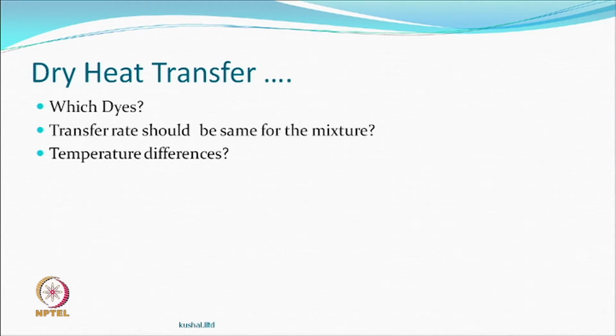That also must be checked. So, one is the transfer rate, the other is that the temperature at which the maximum rate is obtained should also be approximately the same, because you invariably would not be varying the temperature during the transfer. You will use one particular temperature, could be 180 degrees or 200 degrees centigrade. Therefore, the dyes must be compatible in that manner.